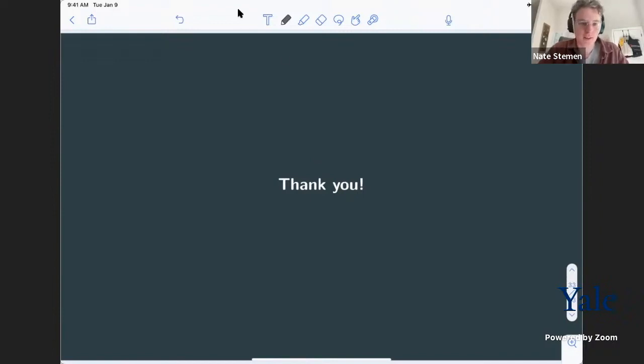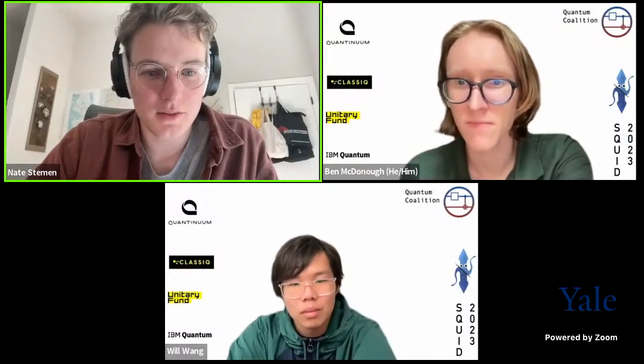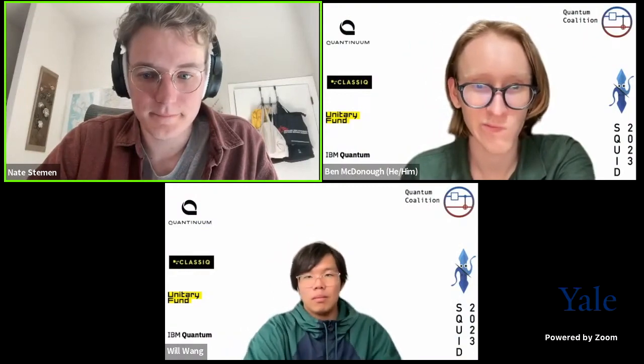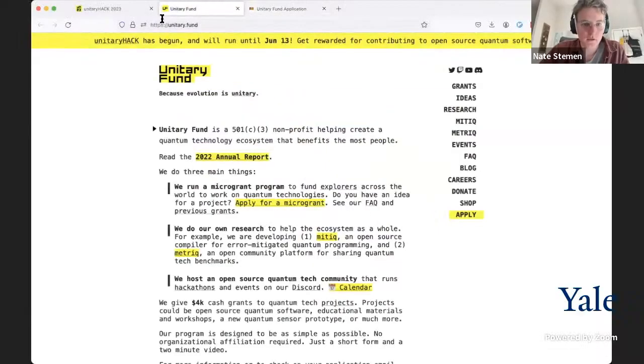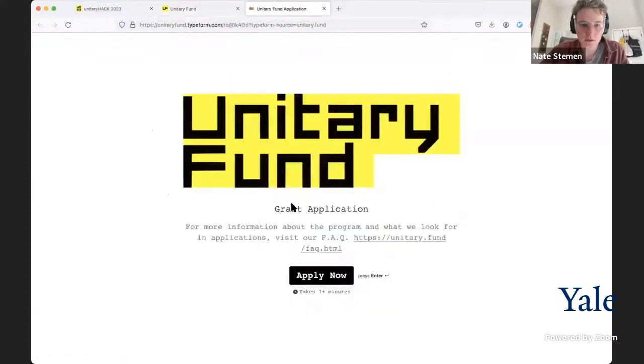It says on the Typeform it takes 7 minutes. Probably takes a little bit longer to put together the application, but I guess I can share this quickly. If you just go to the website down here on the right, you can hit this button, which brings you to the application.